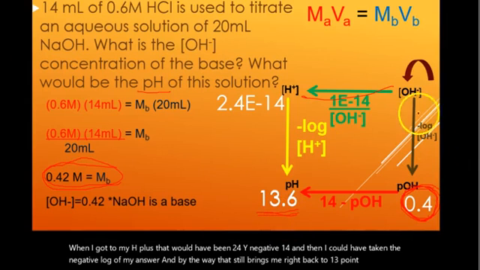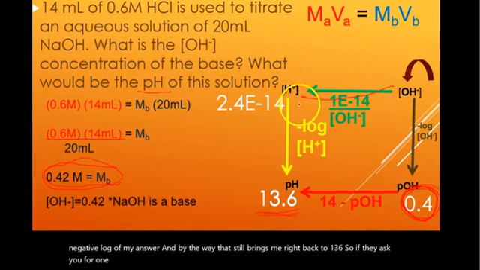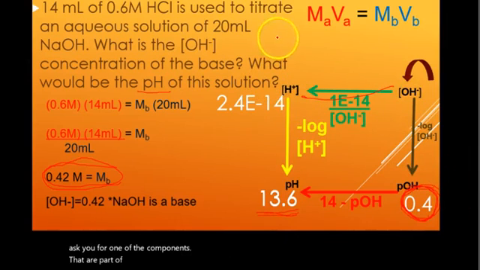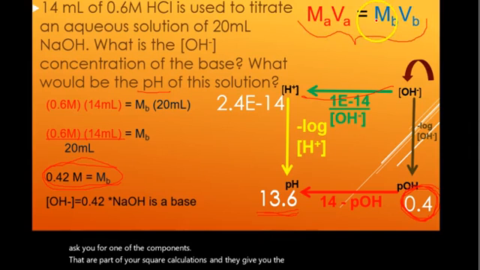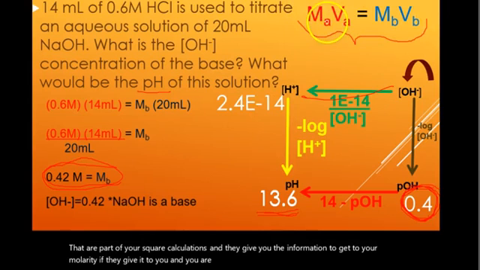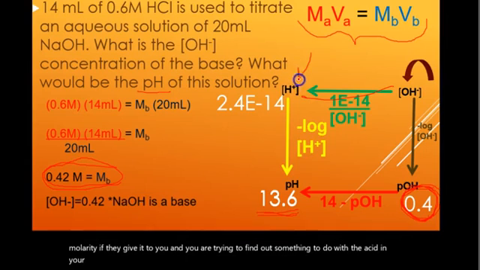So if they ask you for one of the components that are a part of your square calculations, and they give you the information to get to your molarity, if you are trying to find out something to do with the acid in your molarity problem, you will jump into this side of the square.